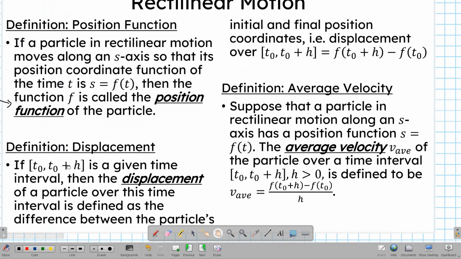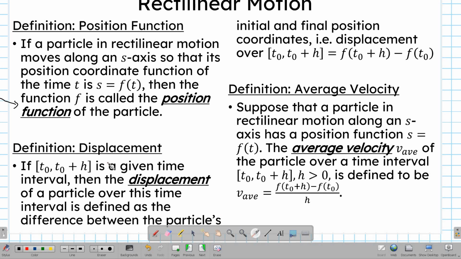So we define displacement here. If t sub 0 to t sub 0 plus h is a given time interval, then the displacement of a particle over this time interval is defined to be the difference between the particle's initial and final position coordinates. So the displacement over this time interval is f of t sub 0 plus h minus f of t sub 0.